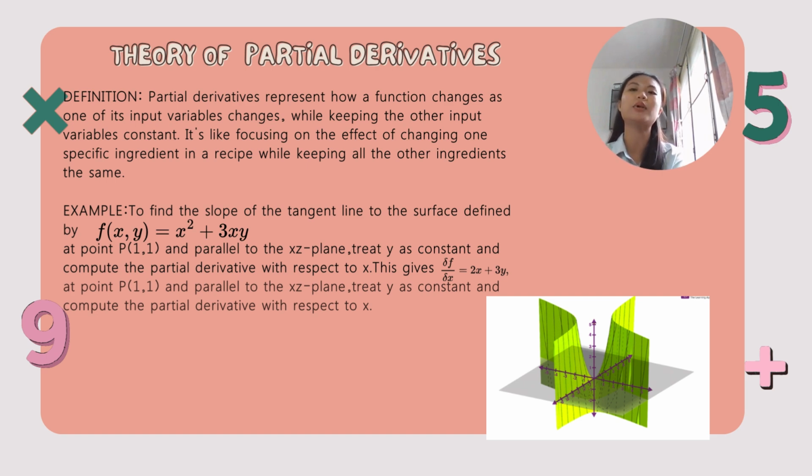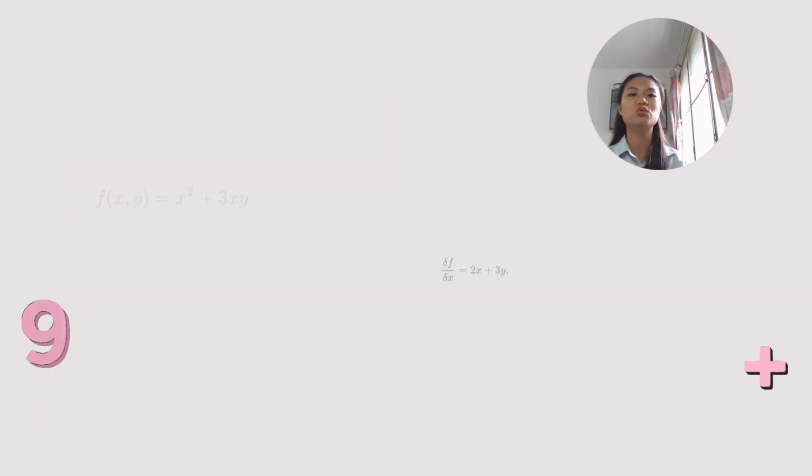For example, to find the slope of the tangent line to the surface, we give the equation and the point P, x equal to 1, y equal to 1, and parallel to the xz plane. Treat y as a constant and compute the partial derivative with respect to x. So this is the given equation and the point. Treat y as a constant and calculate the partial derivative with respect to x.